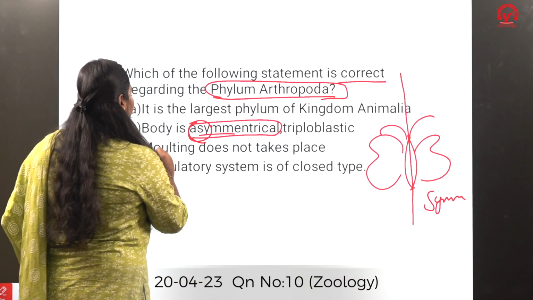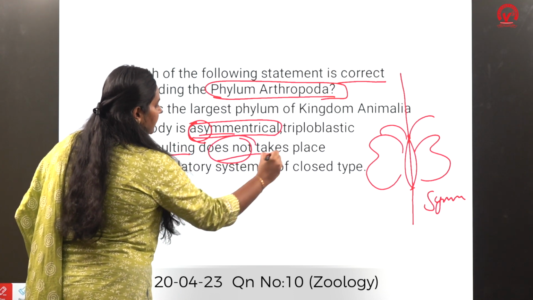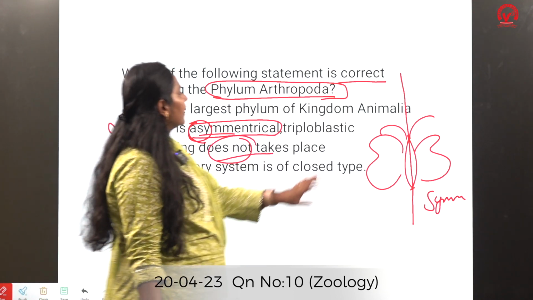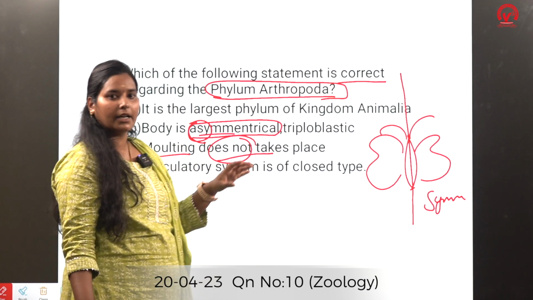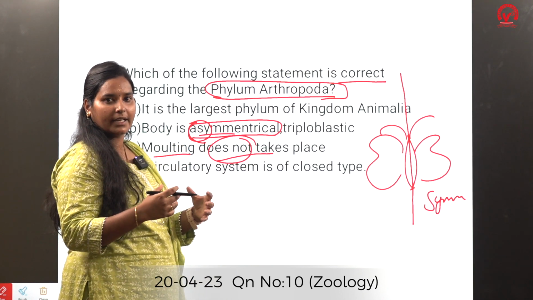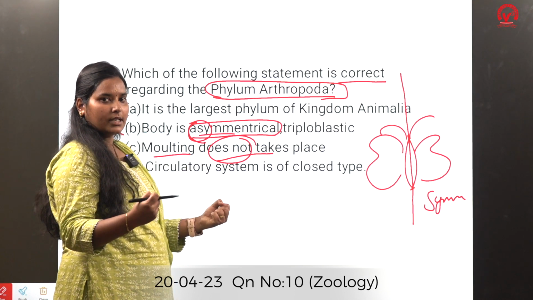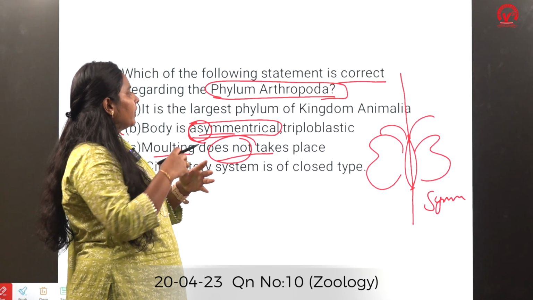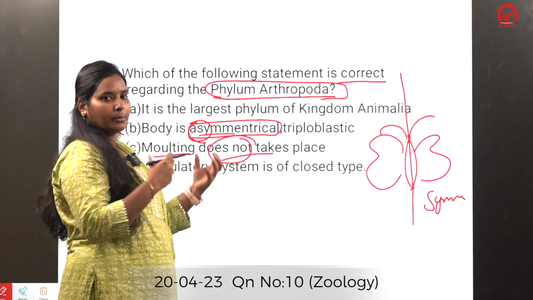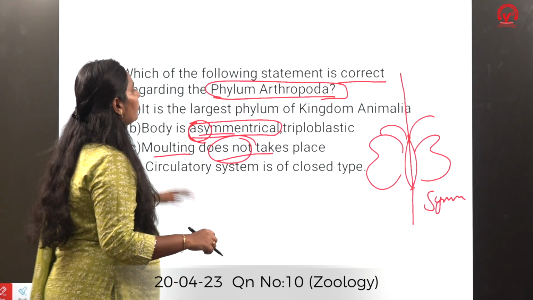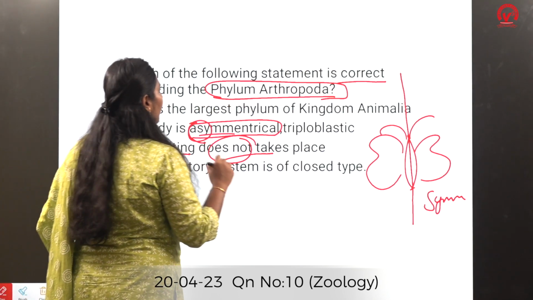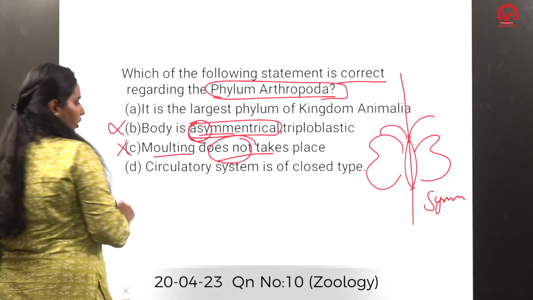And next, molting does not take place. Usually the organisms under the phylum Arthropoda are covered by a chitinous exoskeleton to prevent water loss. To remove this exoskeleton, the molting process usually occurs. So molting occurs in the phylum Arthropoda, and this statement is also wrong.